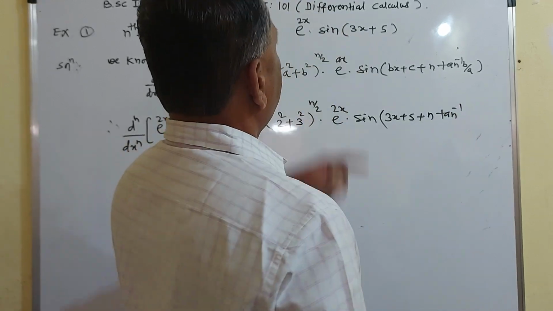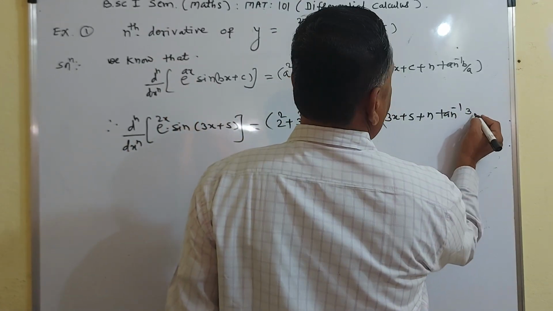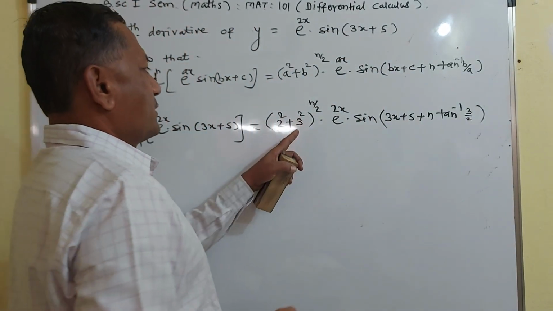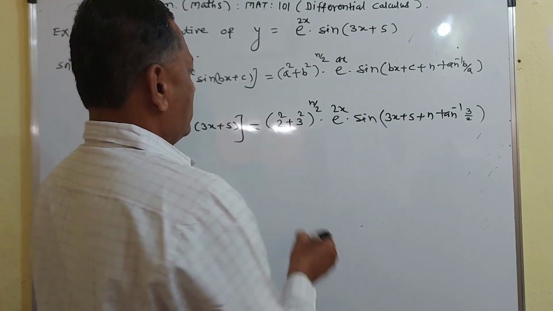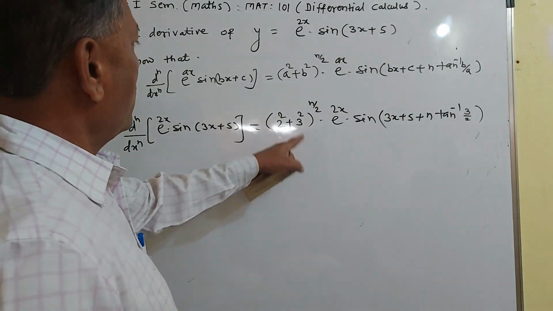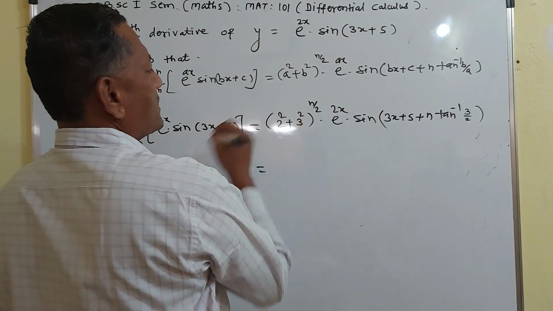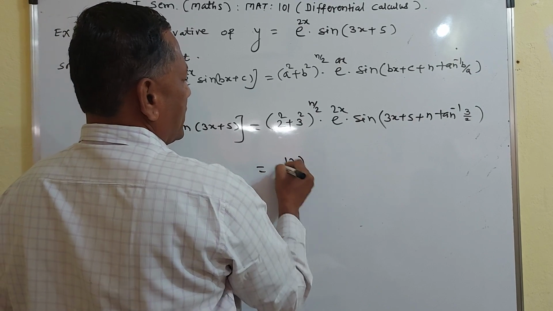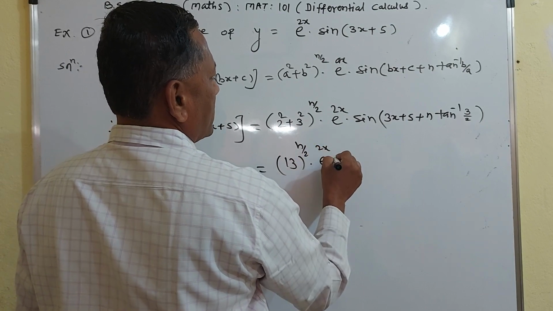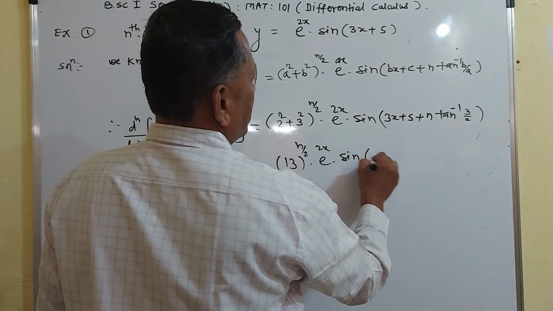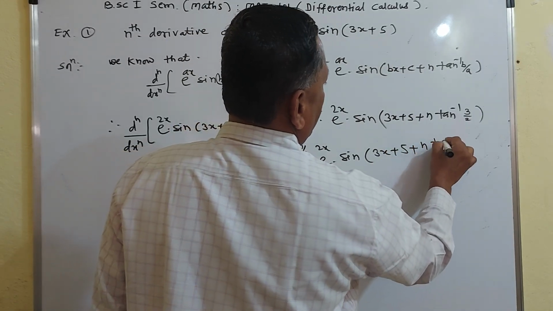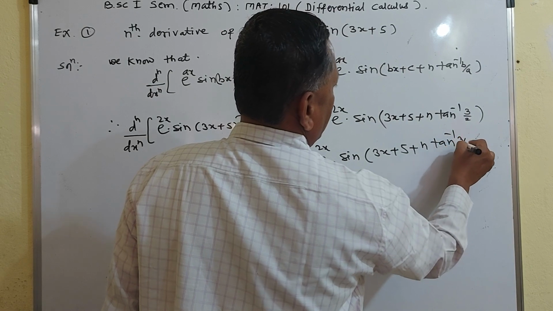What is b? Here b is 3, so 3 upon 2. Now 2 square plus 3 square: 3 square means 9, 2 square means 4, 4 plus 9 is 13. So 13 raised to n by 2 into e raised to 2x into sin of 3x plus 5 plus n into tan inverse 3 by 2.